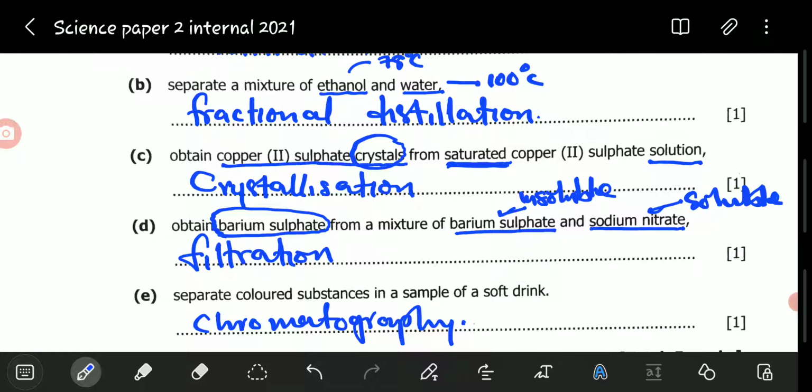So I will just state that chromatography is based on the solubility of solids in a certain solvent. The more soluble a substance is, the more it is raised on a filter paper. The less soluble, the less it moves. So just know that chromatography is based on solubility.